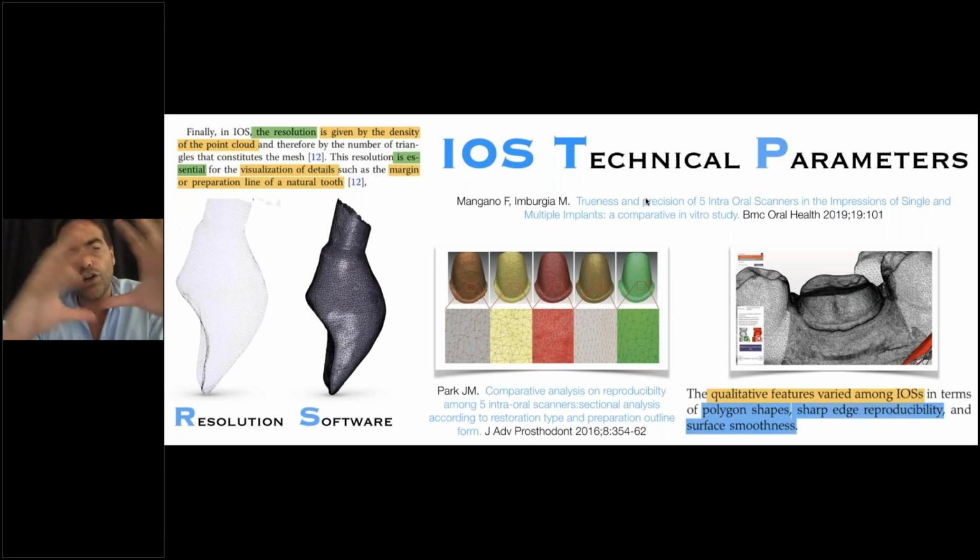So basically, long story short, we need an instrument that has a good eye, the resolution, and a good brain, the software, in order to merge this and to have a combination of quality and quantity, which is going to positively affect our impression making.